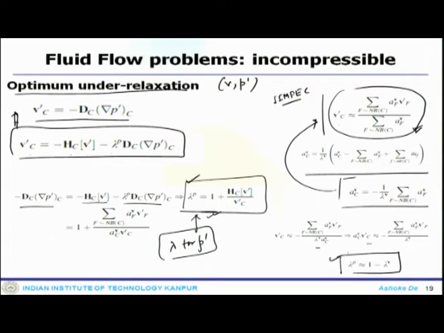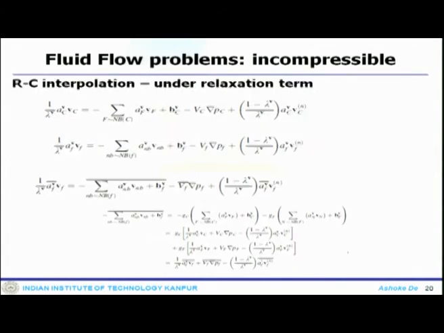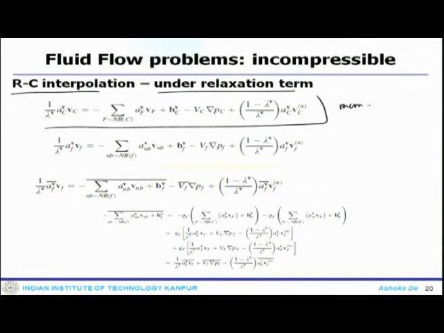Now, one more important thing which one can discuss is the Rhie-Chow interpolation and the treatment of the various terms in the Rhie-Chow interpolation. First, one can look at the under relaxation term. The under relaxation term in the momentum equation is written like that.